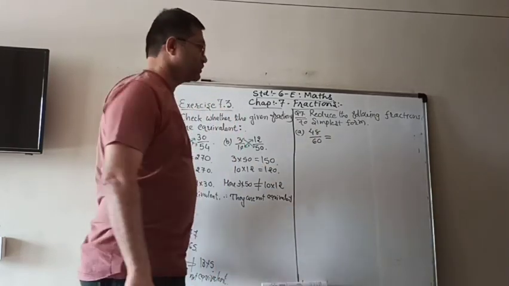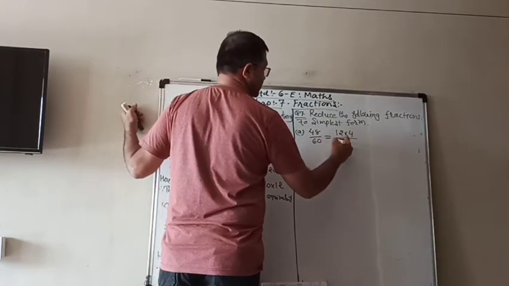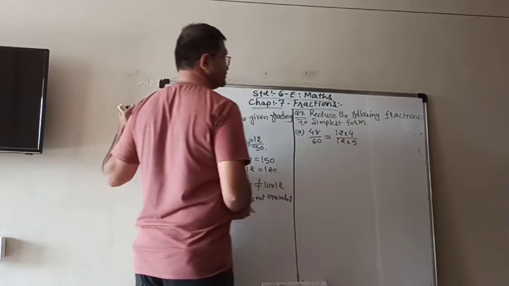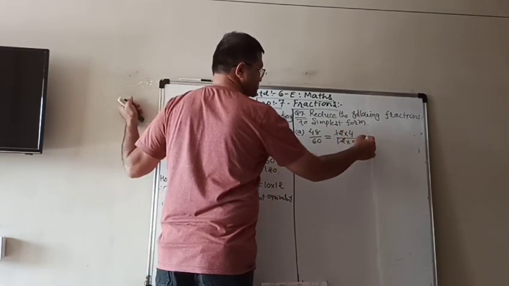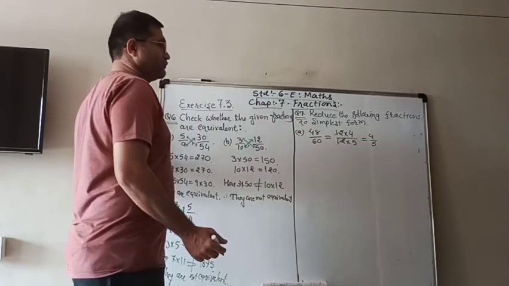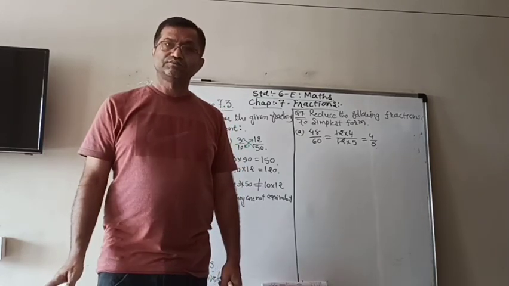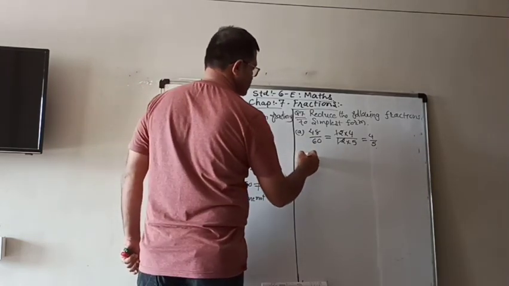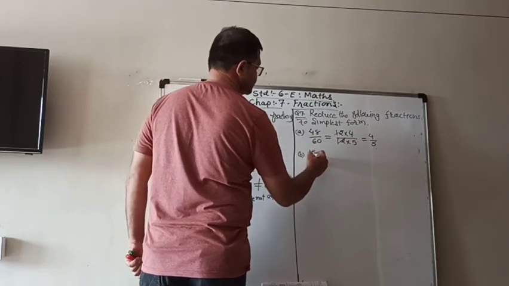For example, here 12 fours are 48 and 12 fives are 60. Then you can see that here 12 and 12 cancel, and you get 4 upon 5. Now 4 and 5 do not have any common factor except 1. So it is the simplest form. Second one, 150 upon 60.